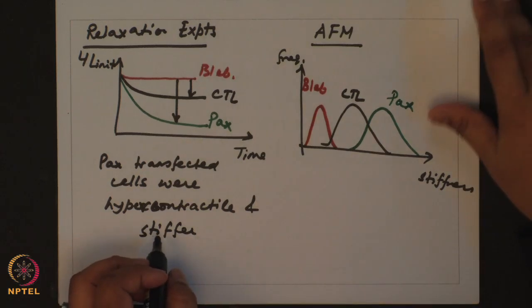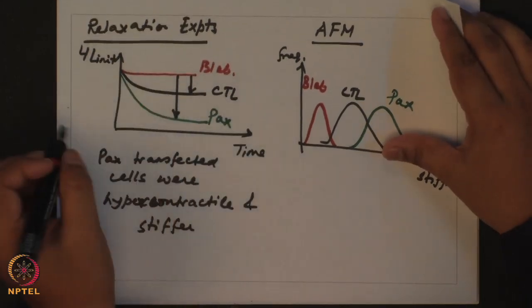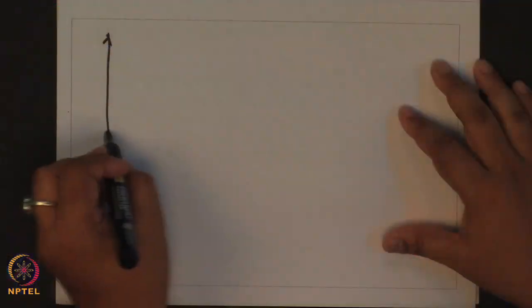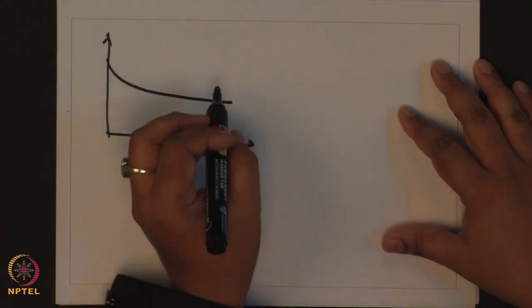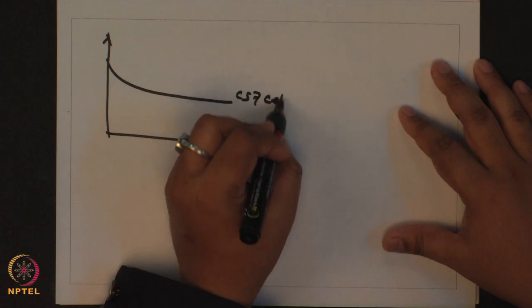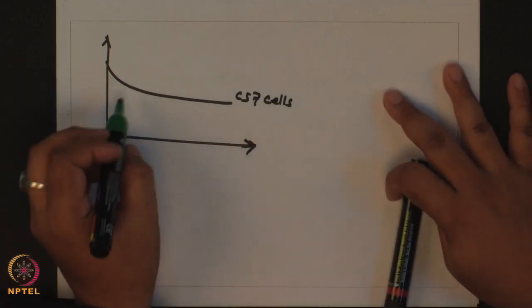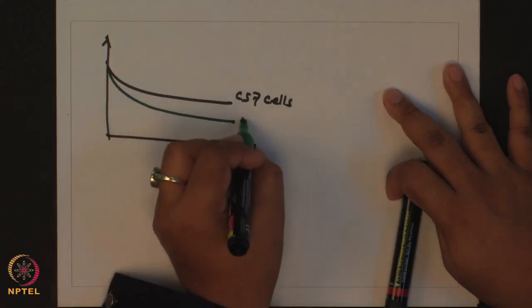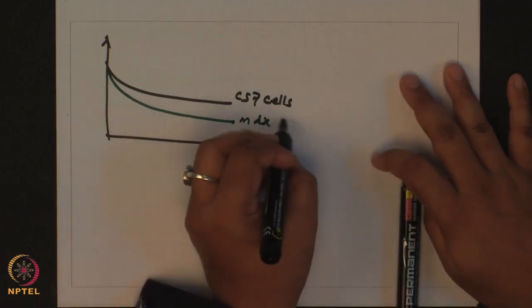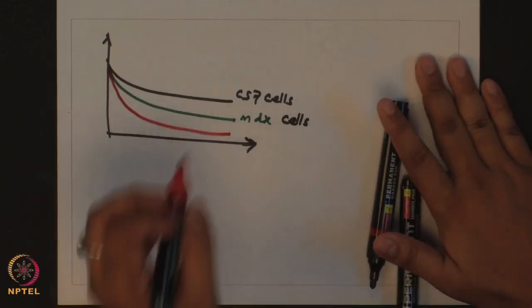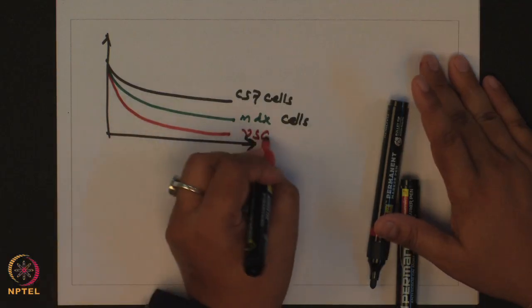So, all these experiments were done with C57 cells transfected with paxillin. When the same experiment was done with C57 and MDX, what was observed was compared to the response of C57 cells, MDX cells were more contractile, but they were less contractile than gamma sarcoglycan deficient cells.